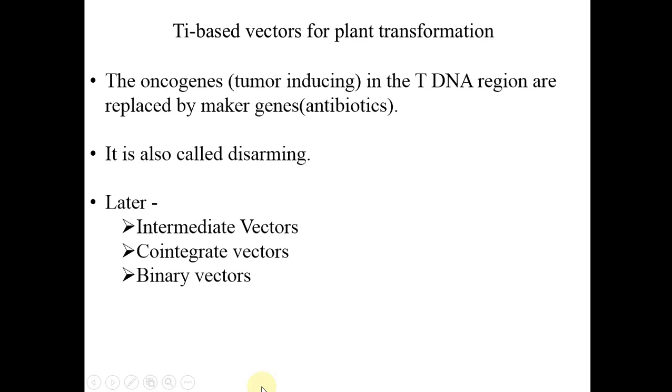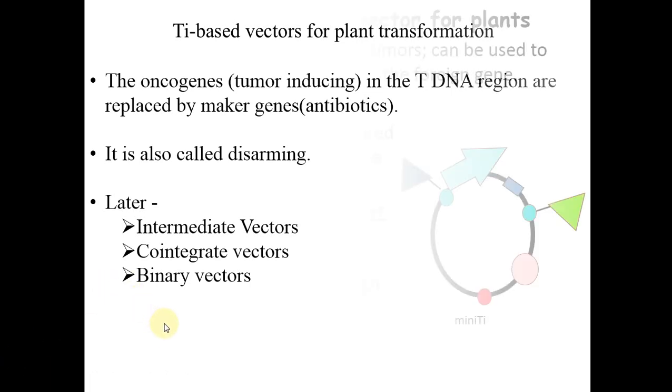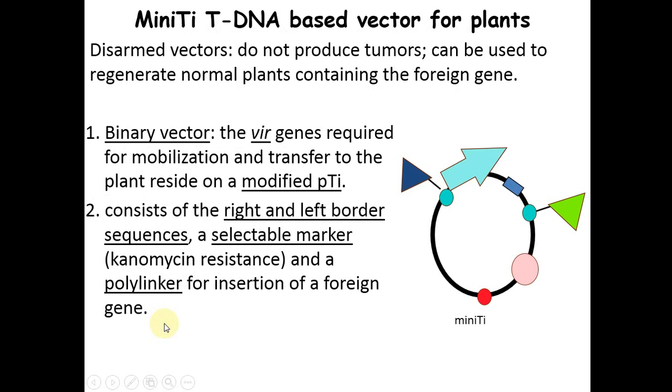It is also known as disarming of the plasmid. Disarmed plasmid means the oncogenes responsible for forming tumor, that is the genes for synthesis of auxin and cytokinin, are removed, and instead selectable marker genes are added. Disarmed vectors do not produce tumors and can be used to regenerate normal plants containing foreign gene.